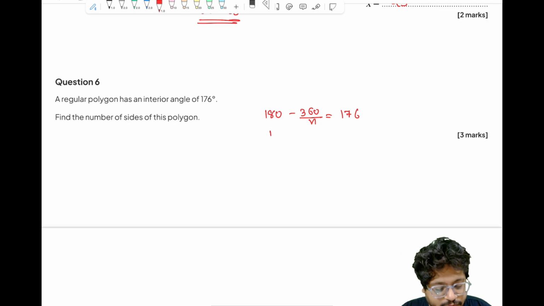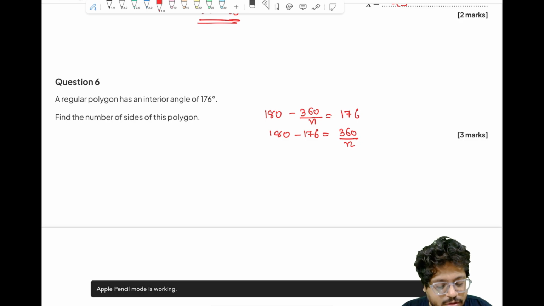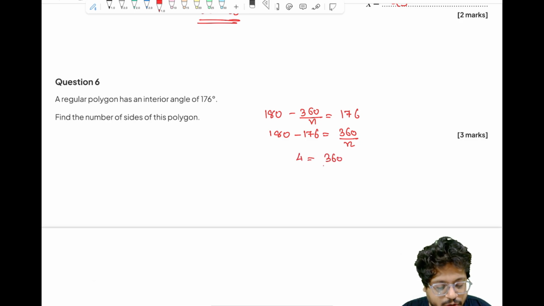So let's make n the subject. This 176 will come here in subtraction, and that 360 by n will go there and become positive. So 4 is equal to 360 upon n. n will go here and 4 will go in division. So n is equal to 360 upon 4. 360 upon 4 is 90.